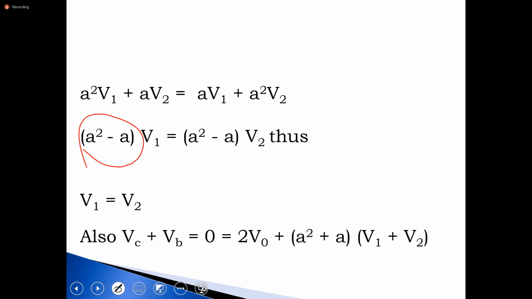So I play around and say, all right, VB plus VC equals 0. So I add those two equations. And we already established that this was equal to minus 1. So when I take that over, I get V1 plus V2. But again, V1 equals V2. Yes? So I get 2V0 is equal to 2V1, or V1 equals V0.